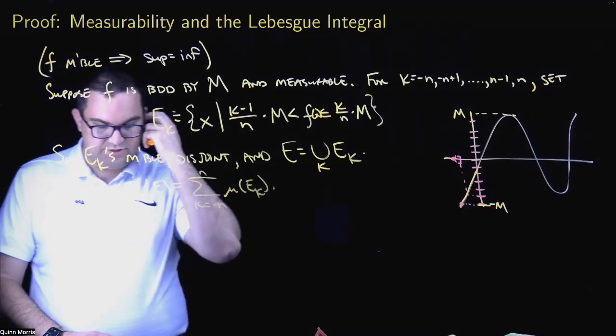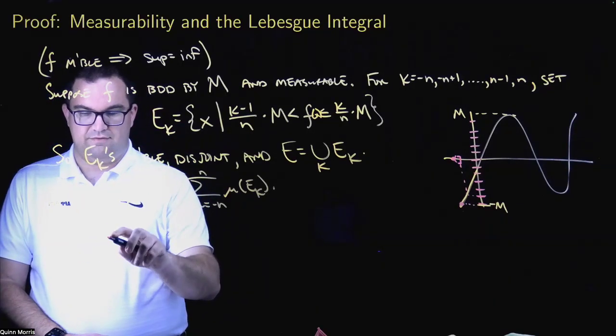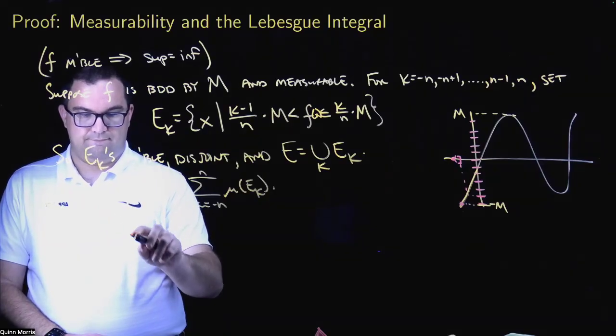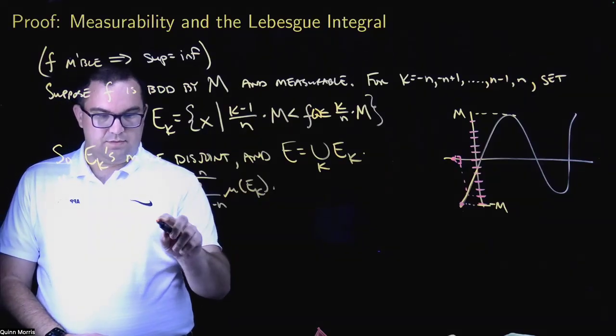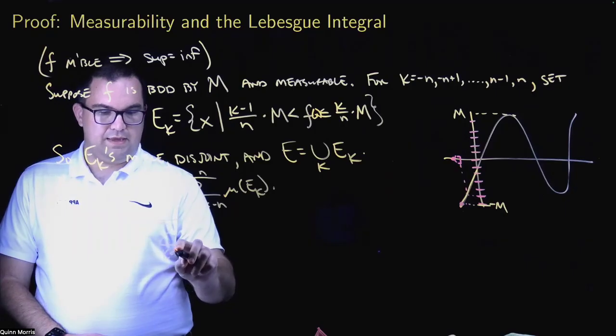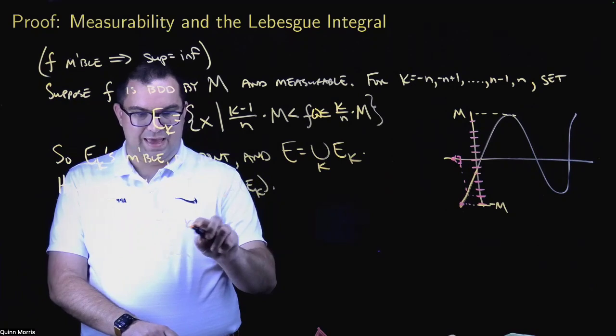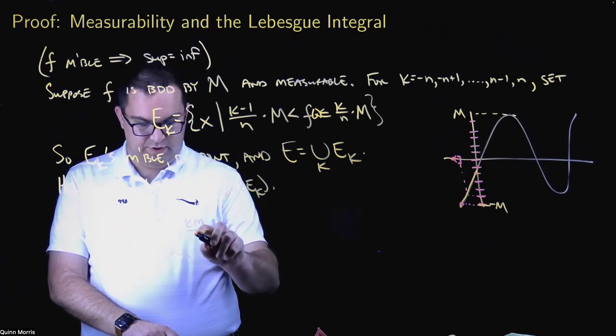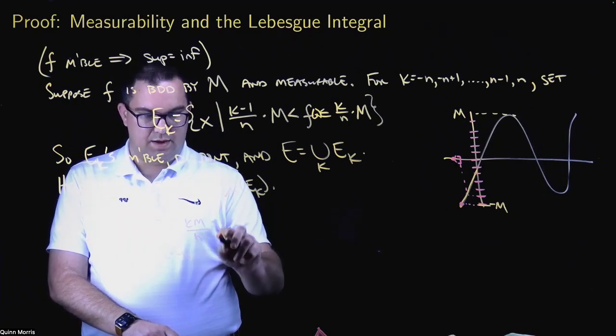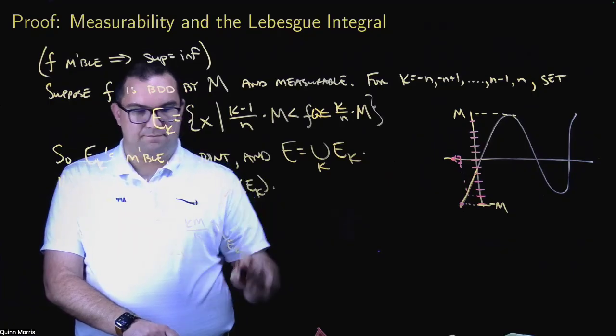All right, now I'm going to define some strange looking functions. I'm going to define psi of N. It's going to be the sum K equals minus N to N of Km over N times chi of EK.